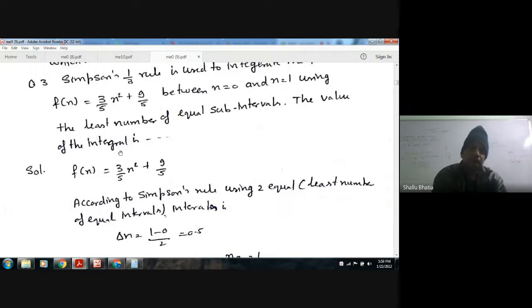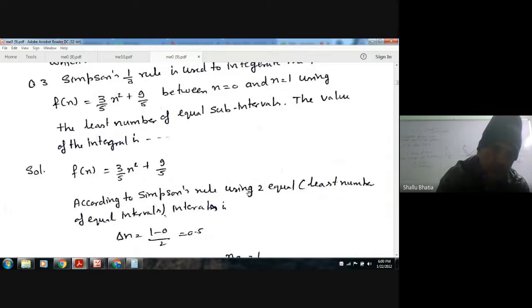According to Simpson's rule, for equal intervals the least number of intervals should be two. One interval cannot make itself equal.